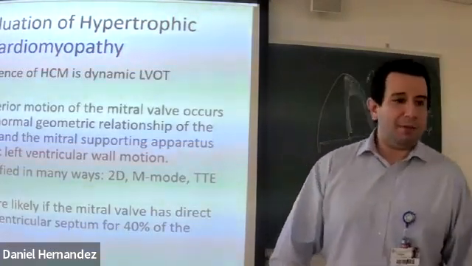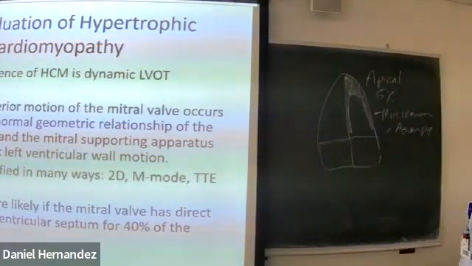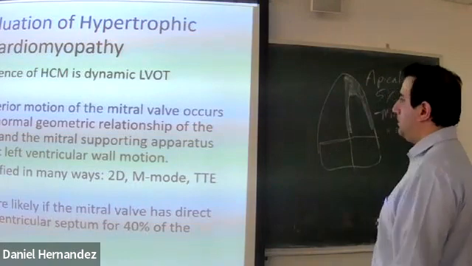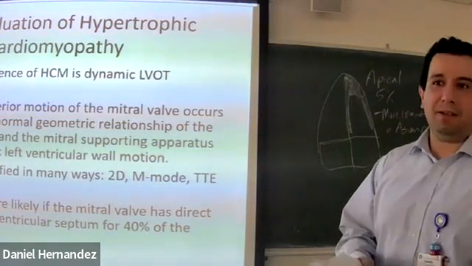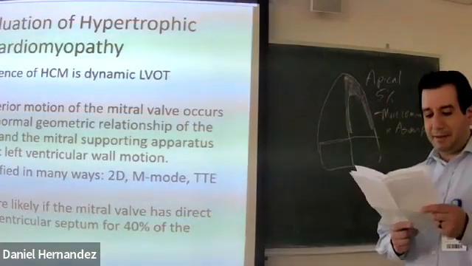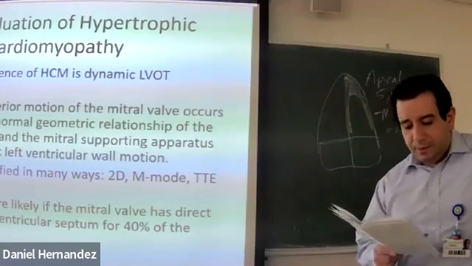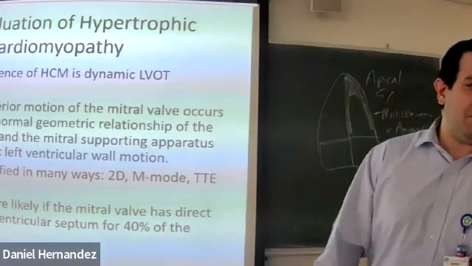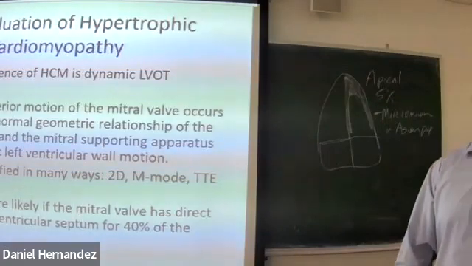So we said that the vast majority of these hypertrophic cardiomyopathies are going to be asymmetric septal hypertrophy. And the most common place for that asymmetric septal hypertrophy is going to be the basal septum. So these patients also have a higher incidence of developing a dynamic LVOT obstruction.